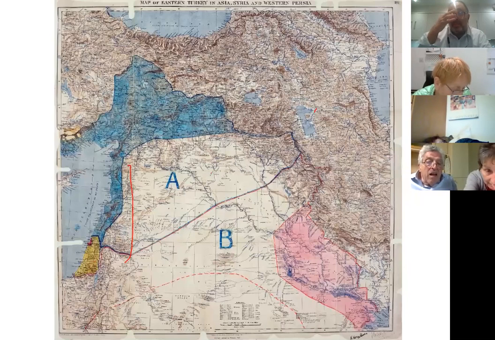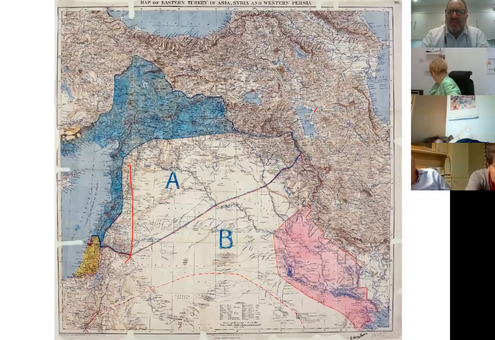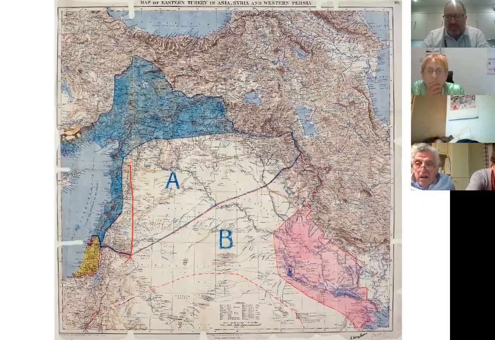This is the map where Britain and France carved up the Middle East. They drew lines on the map. They ignored where people lived. They ignored all the old tribal relationships that existed in the Middle East, and they carved up the Middle East between England and France as they were approaching the end of the First World War.